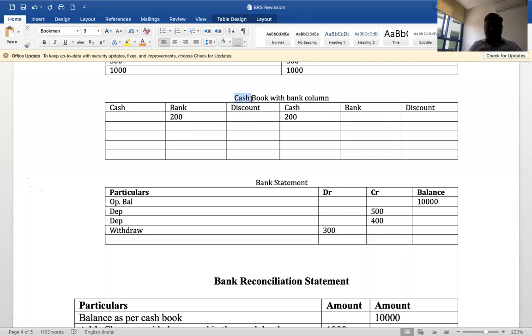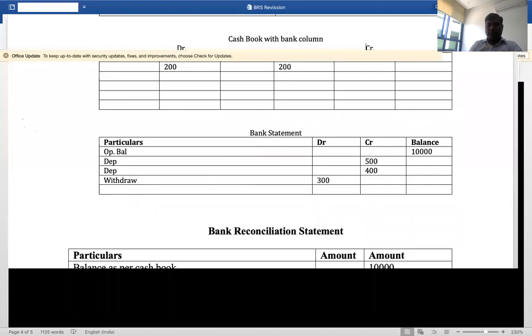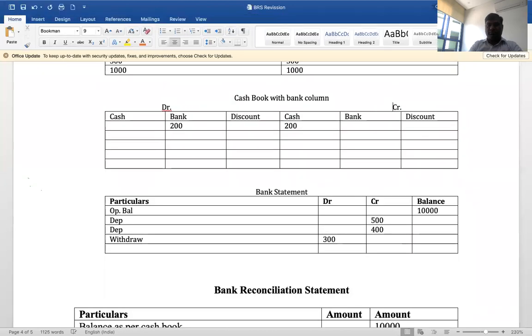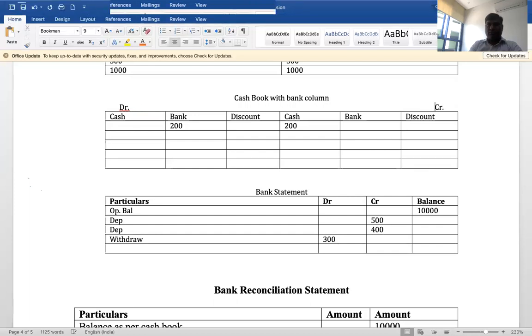Cash account, debit. This is your cash book, right?